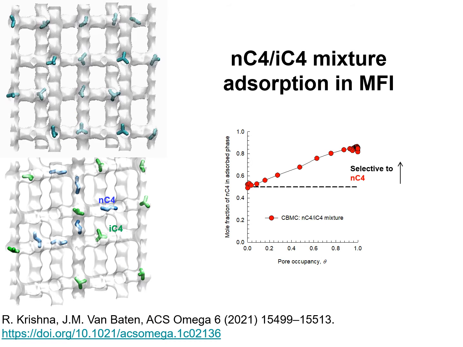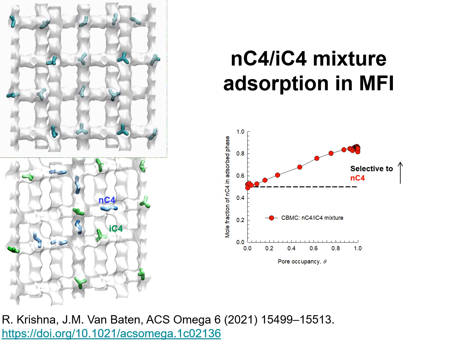Within MFI, the isobutane molecules prefer to locate at the channel intersections because it has a freedom to also rotate at the intersections, and this freedom is lost if the isobutane molecules are forced to occupy channel locations.